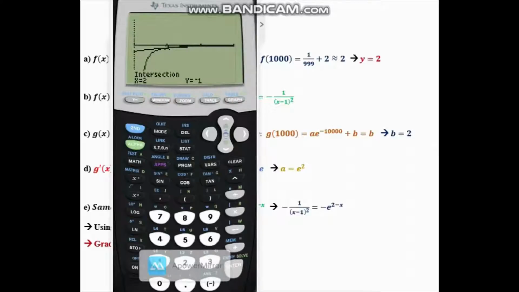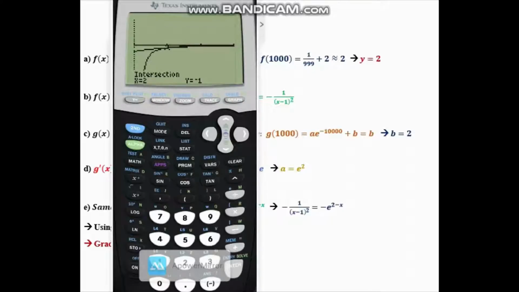And the calculator tells me that the two graphs intersect when x equals 2 and when y equals negative 1. So bear in mind that these are the graphs of f dash and g dash. So when we are told y equals negative 1, this actually means that y dash equals negative 1.